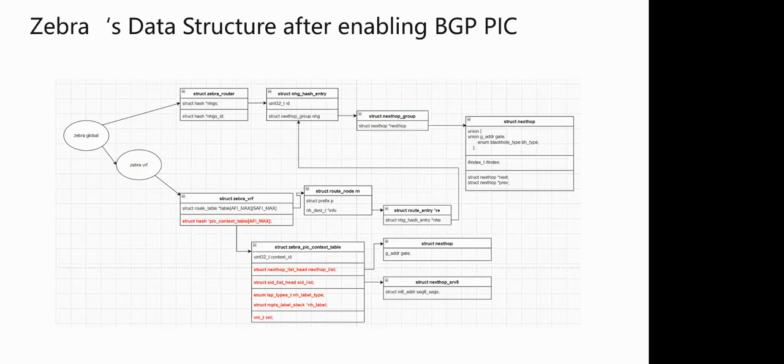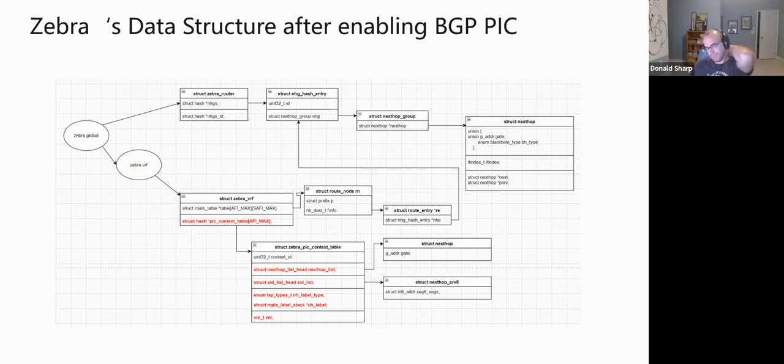Okay, so what I'm saying is, if I look at this particular picture, the PIC specific context is added in the case of VRF. Are you implying that for the global case, we would use a similar model, but extend the global tables as well? If I take this picture at its face value, the PIC context is associated with a VRF construct, whereas the global context doesn't have these, at least the way the data structures are shown on this slide, right?